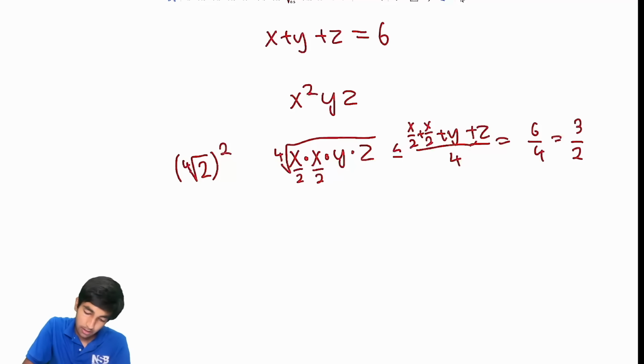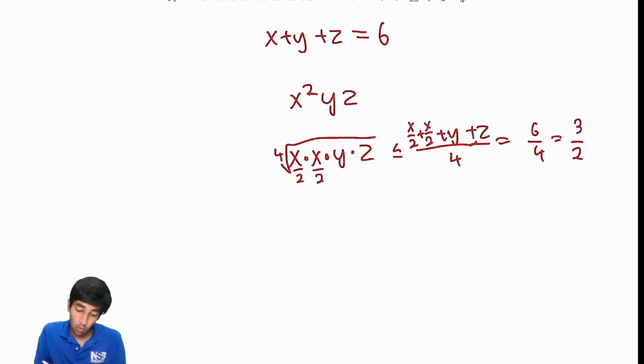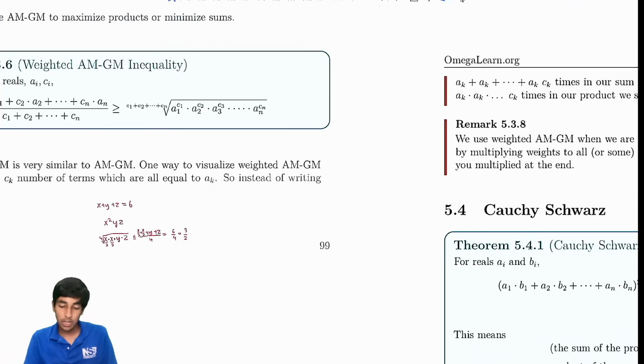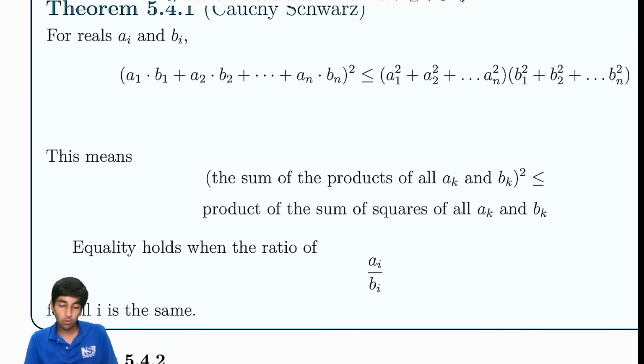From here, we can easily solve by dividing by this thingy, which is root 2, then taking the fourth power of both sides and multiplying by 4 to get rid of this. And we would get our maximum of x squared yz. That's weighted AMGM.